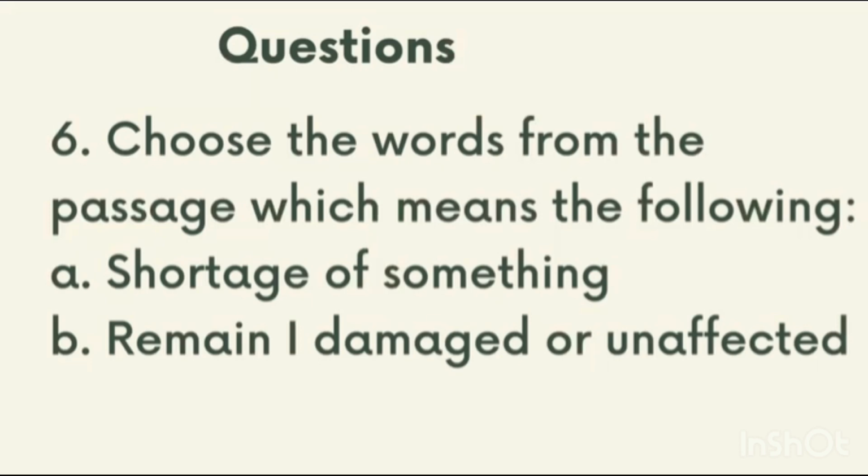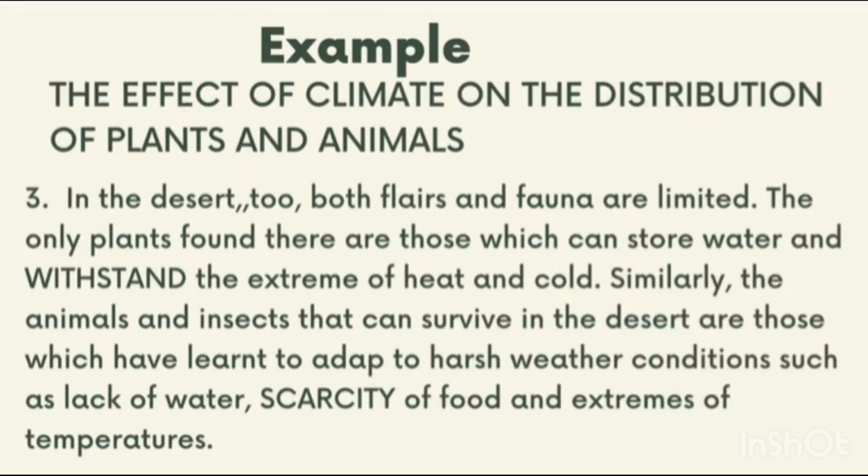So shortage of something. Which underlined word here do you think can mean shortage of something? We only have two words here, scarcity and withstand. Look at this: scarcity of food. So when you are answering these questions, look at what is coming before and after a word. This will help you to know the meaning of that word.